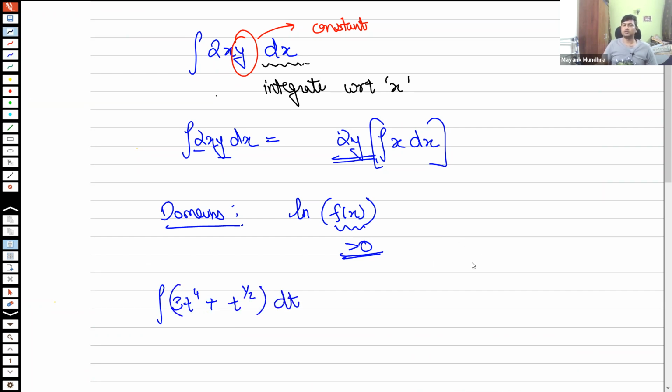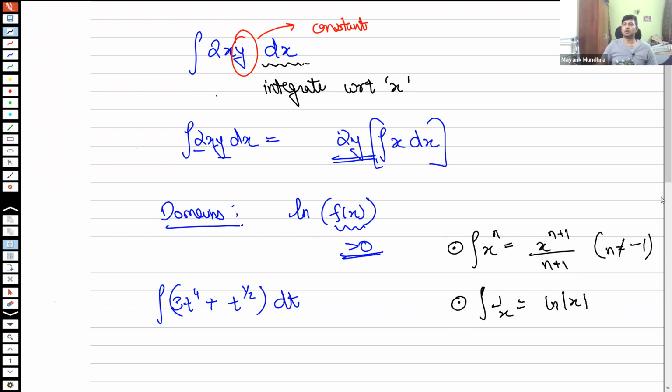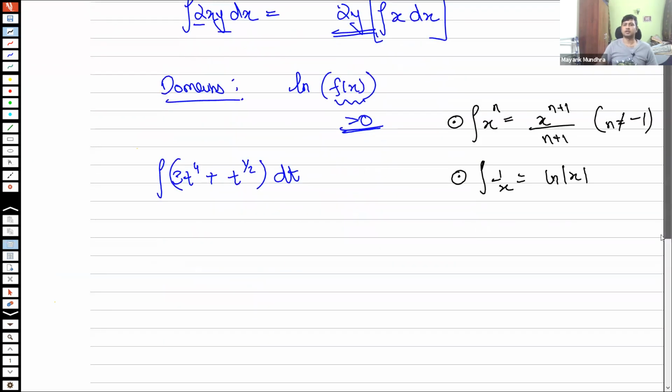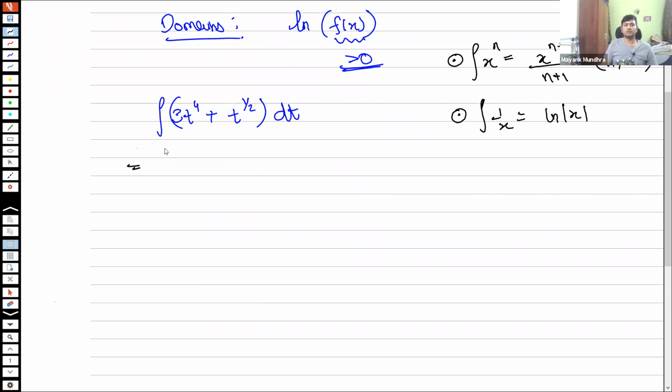The formula to use here is that integration of x to power n is equal to x to power n plus 1 upon n plus 1 for n not equal to minus 1, and integration of 1 by x is equal to ln of mod x. These are the two properties which we might need in order to do this particular integration.